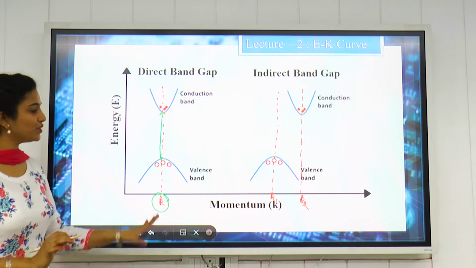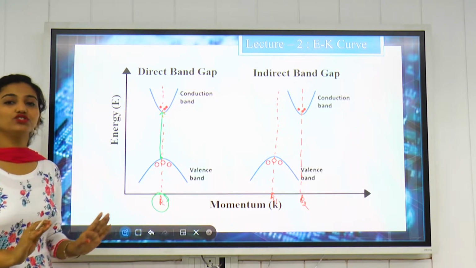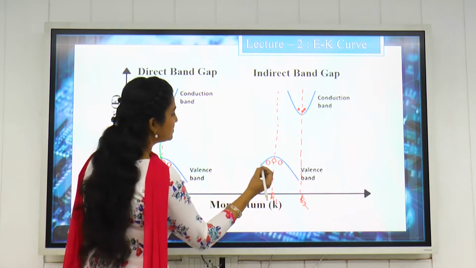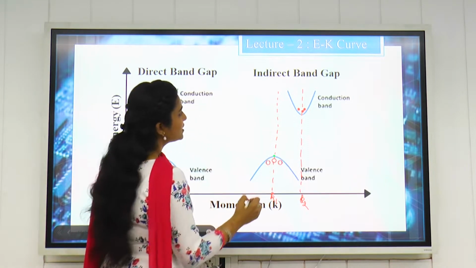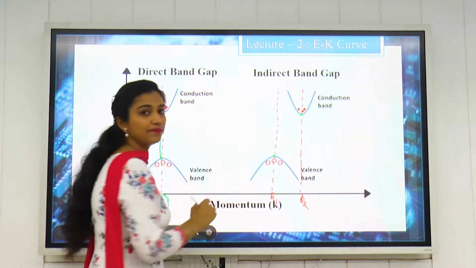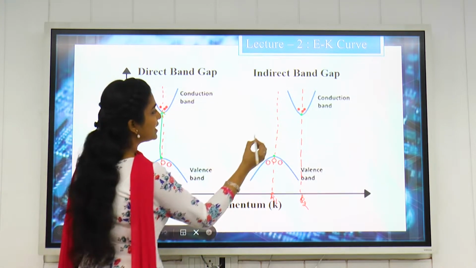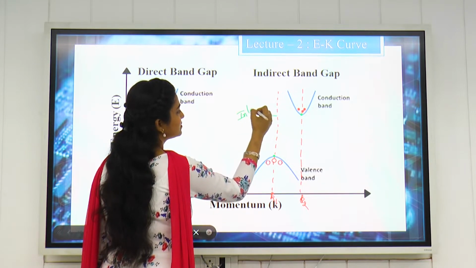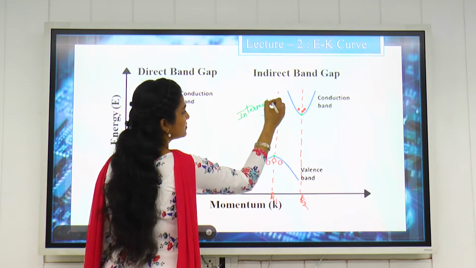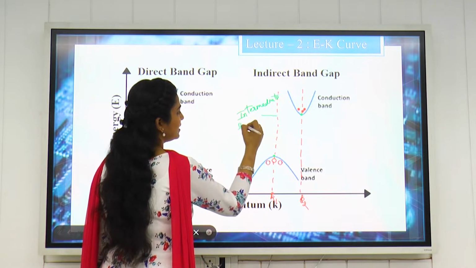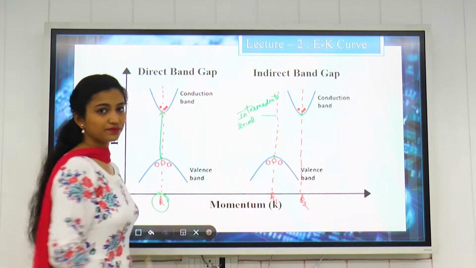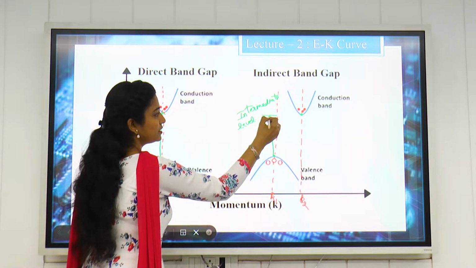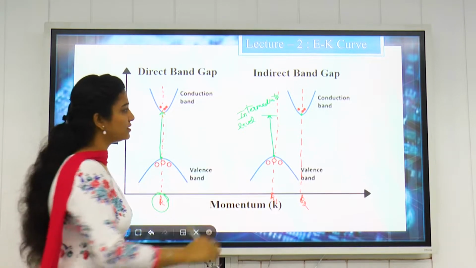So k is actually conserved here. There is no need for any extra momentum conservation. But when it comes to indirect band gap semiconductors, what will happen? It requires an intermediate energy level. So first, the electron will go to the intermediate energy level.